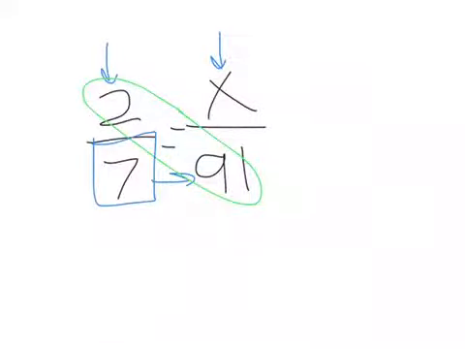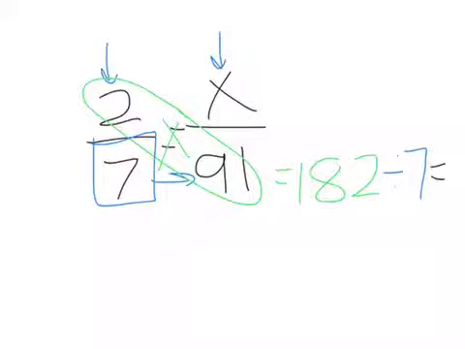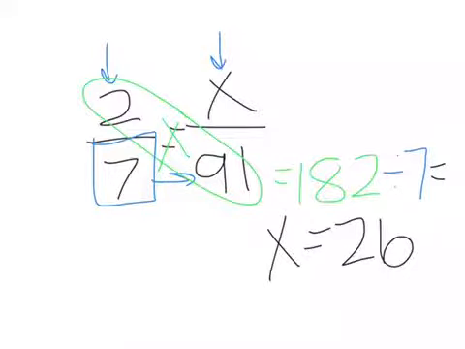So I'm going to cross multiply 2 times 91, which equals 182. And I'm going to divide that by 7. 182 divided by 7 equals 26. Therefore, my answer for x equals 26. So I was able to find that equivalent ratio or that proportion by cross multiplying my two known values and then dividing by my other known.